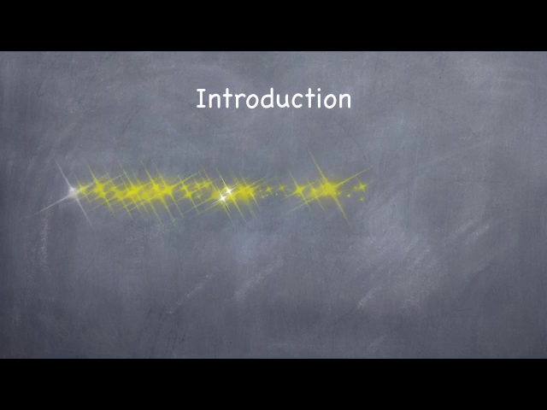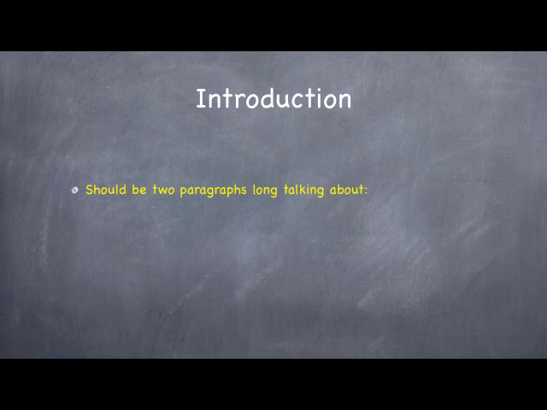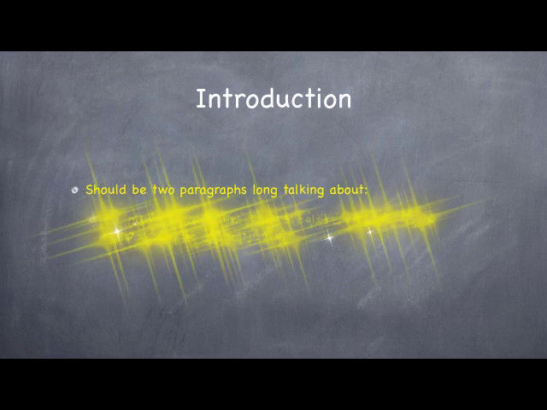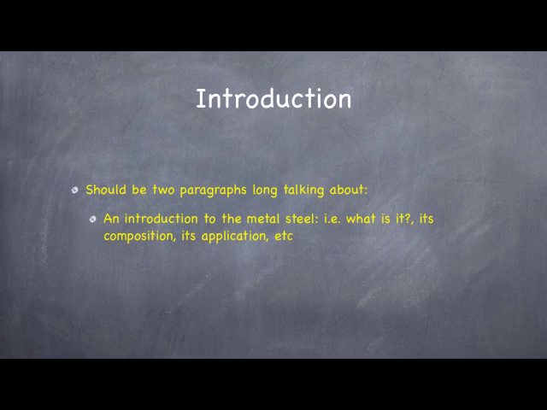Next, the introduction. It should be about two paragraphs long. It didn't matter if you had 3 or 4 paragraphs, but essentially looking at two sections. First section is an introduction to the metal steel. Now, in any report, in any introductory part, you bring the reader aware of what is being investigated.